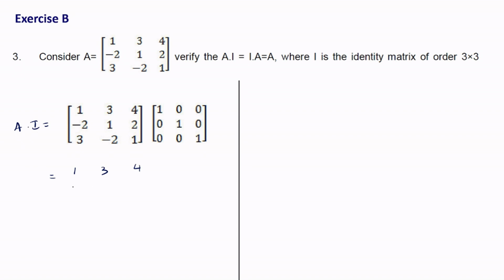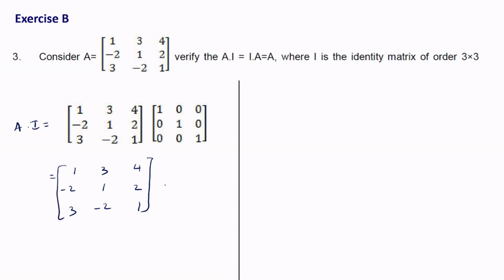Next, second row first column is minus 2 plus 0, second row second column is 1, second row third column is 0 plus 0 plus 2. Third row first column is 3 plus 0 plus 0, third row second column is 0 minus 2 plus 0. Then third row third column is 0 plus 0 plus 1.